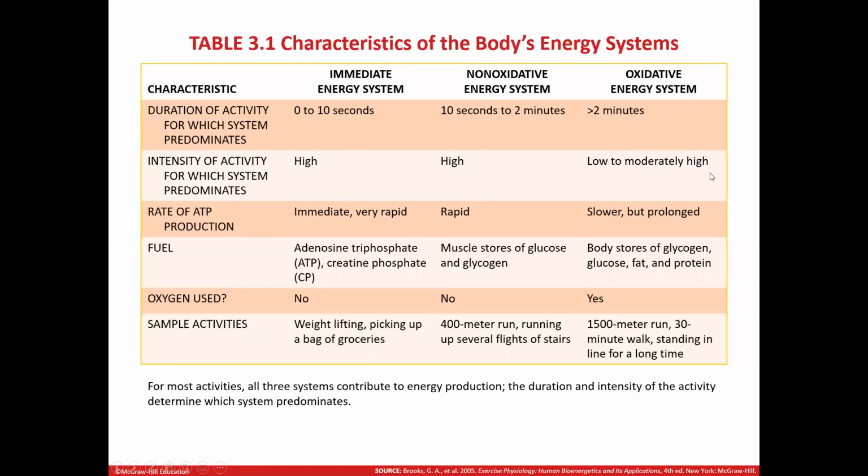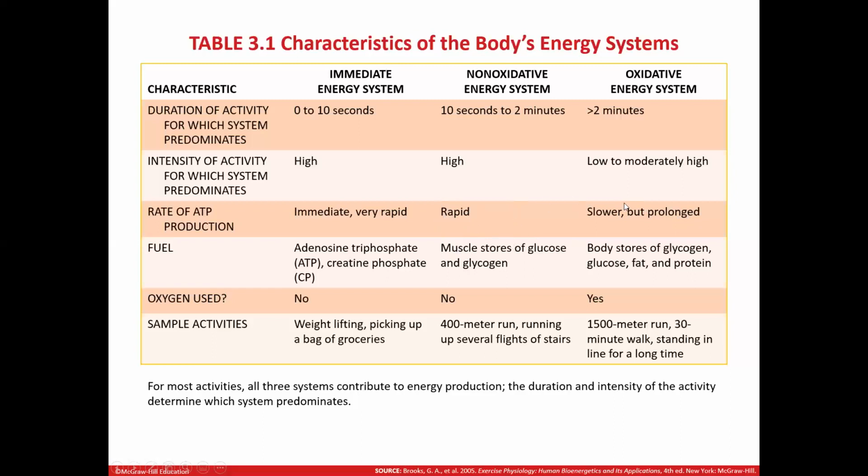Rate of ATP production, this is the thing that gives us energy. Immediate is very, very rapid, rapid for anaerobic, and slower but prolonged for oxidative. So that's the major difference, because the anaerobic needs it now, and it can't use oxygen to help the longevity of your exercise.